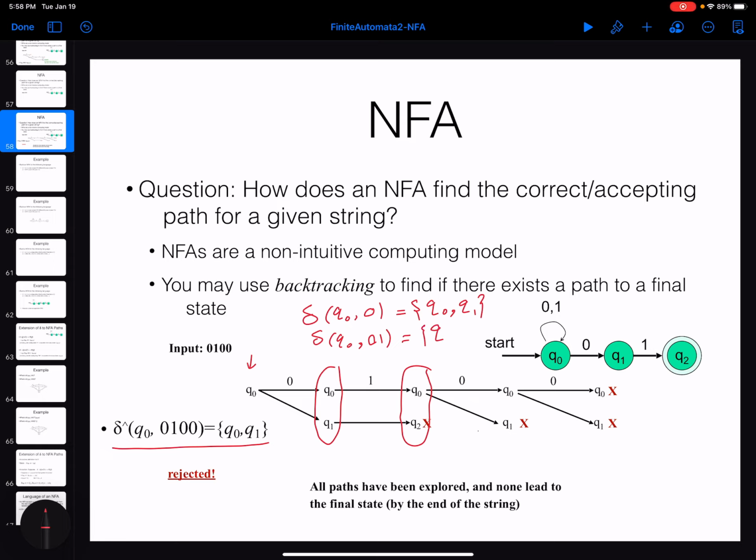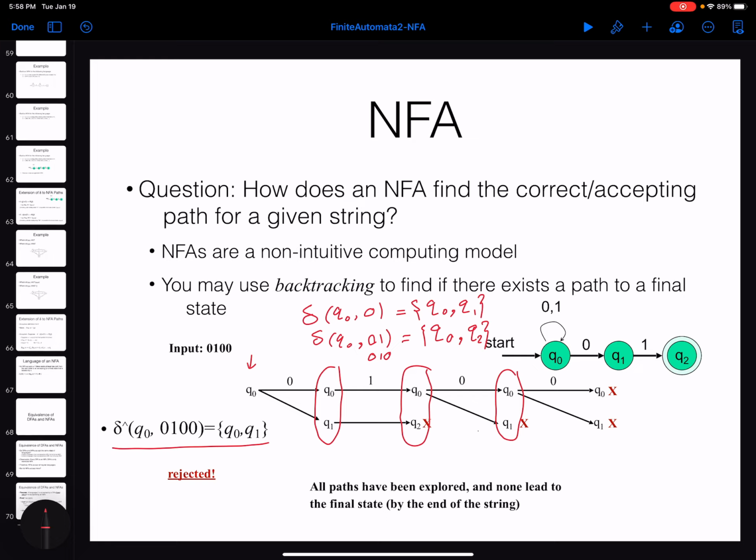This is going to be the set of states Q0 and Q2. If the string is 010, the set of states is again Q0, Q1. We just wanted to know which states we can be in after reading the full string, for example 001, 000, or something like that.